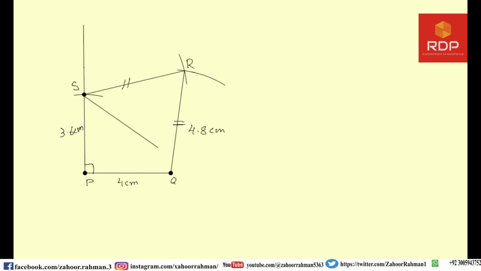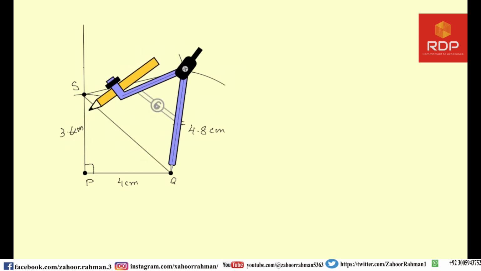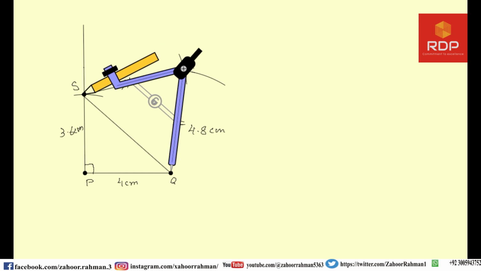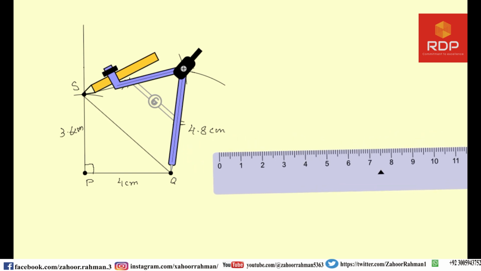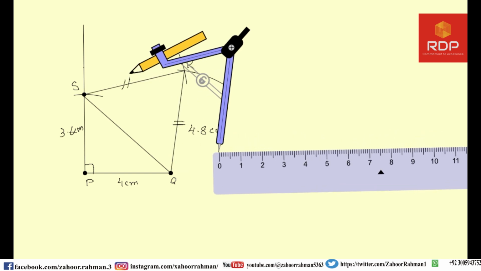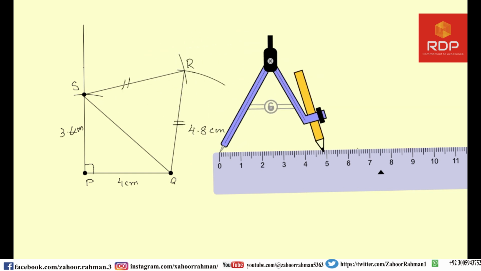is this line. So let us do it by the compass, and then let me bring this ruler and precisely measure.